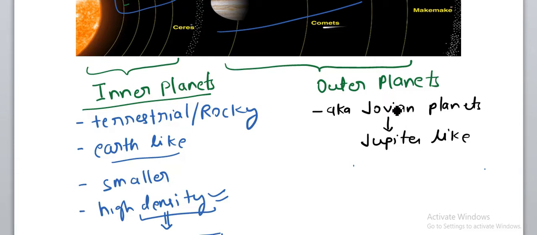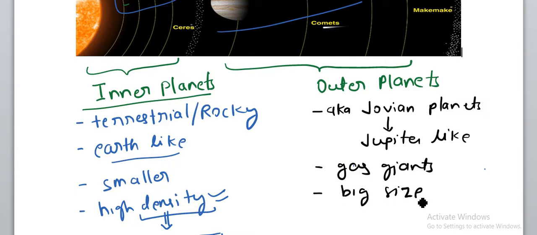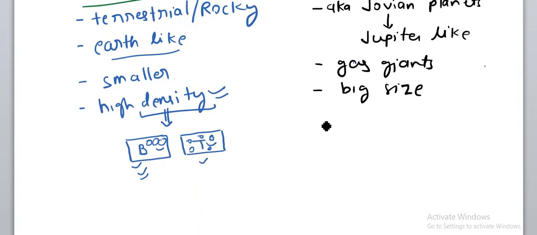They are also called gas giants. Because they are very big in size, they are called giants. And also they are surrounded with a thick atmosphere. Right? So these are the main differences between these inner planets and outer planets.